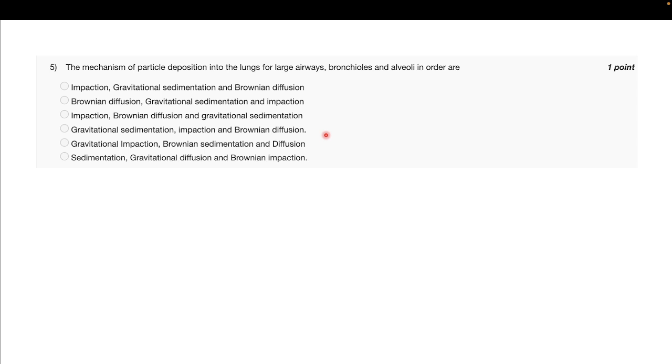Anybody wants to try? Option 1. Option 1 is impaction, gravitational sedimentation, and Brownian diffusion. Okay, thanks for answering. Anybody else?